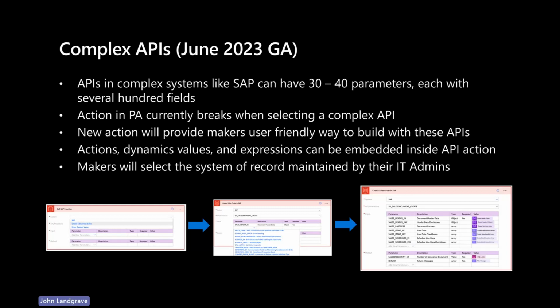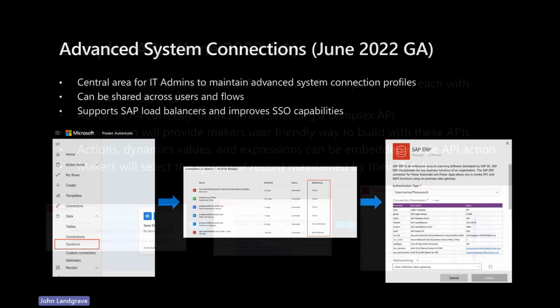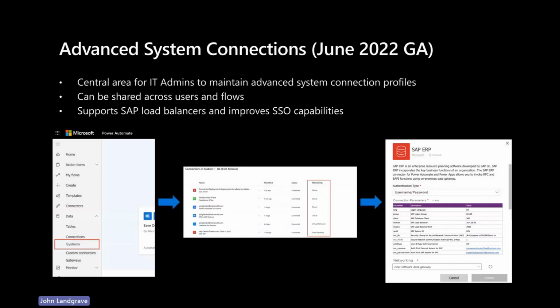And so really what you're seeing here is the ability for the IT admin to say, this is the connection you need, and then to put that connection in, and also then specify only the fields you need, as opposed to seeing the 400 fields. So again, these are UI changes, just some minor functionality changes, but any work that you did today with the current stuff would continue to work when the API changes.